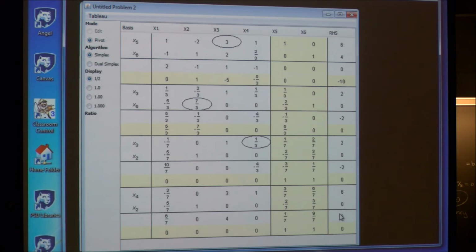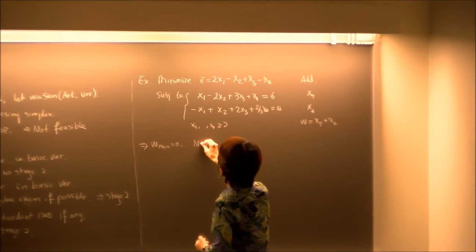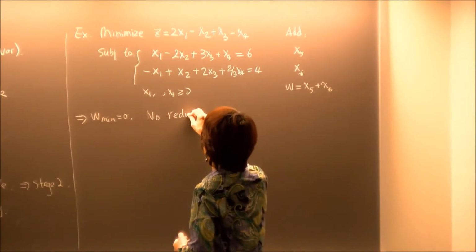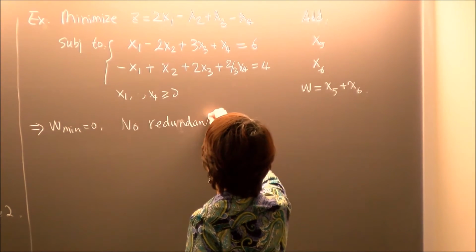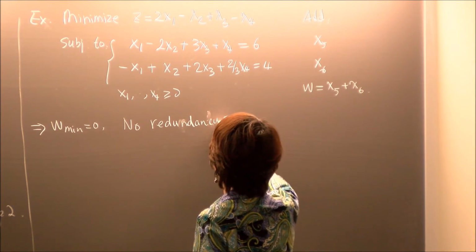Is that right? So from that computation that I just showed you, I have reached the conclusion. Actually, I have 2 conclusions. First, I managed to drive W min equal to 0, and it's feasible, and I also found there's no redundancy because I managed to get rid of all artificial variables. No redundancy is found.